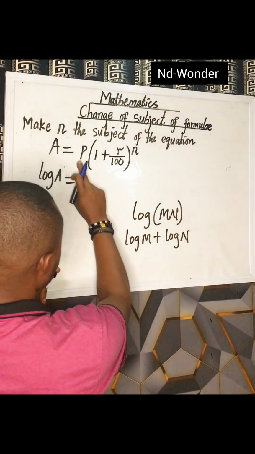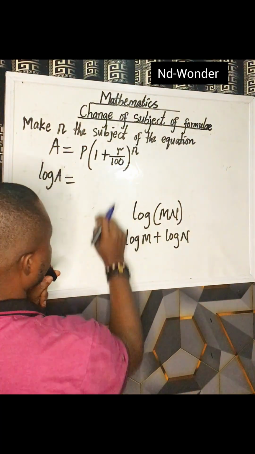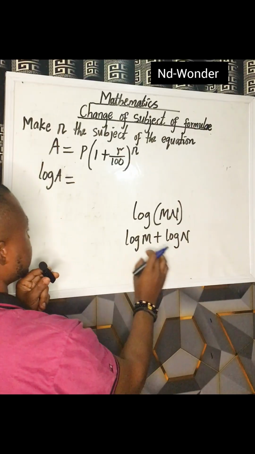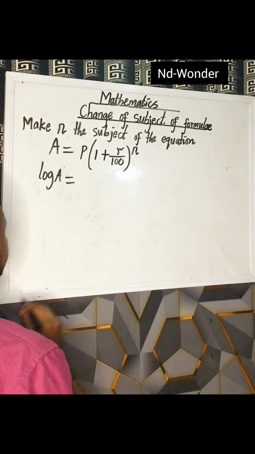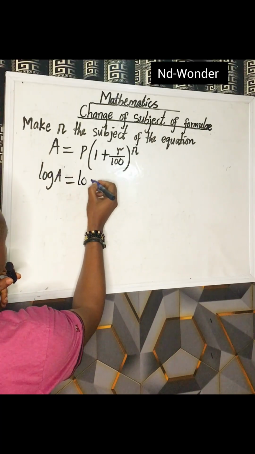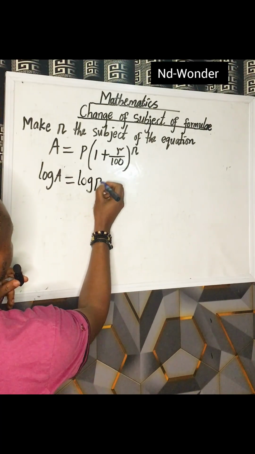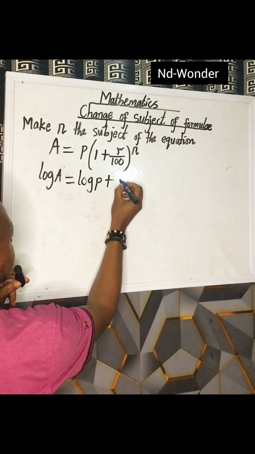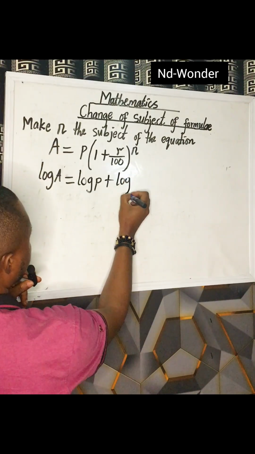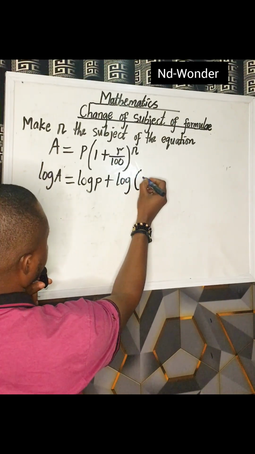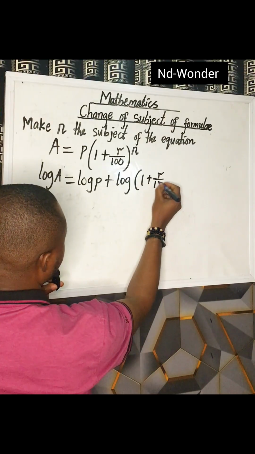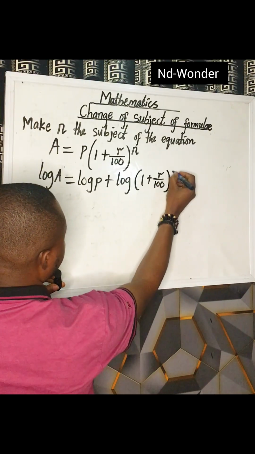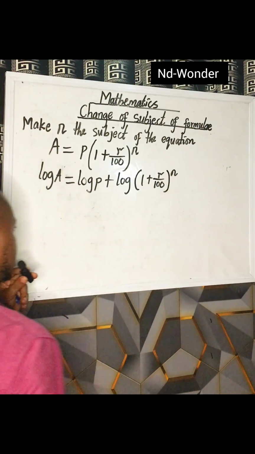In that case, p times what you have here can be expressed thus. I'll have log p then plus log of 1 plus r over 100 exponent n.